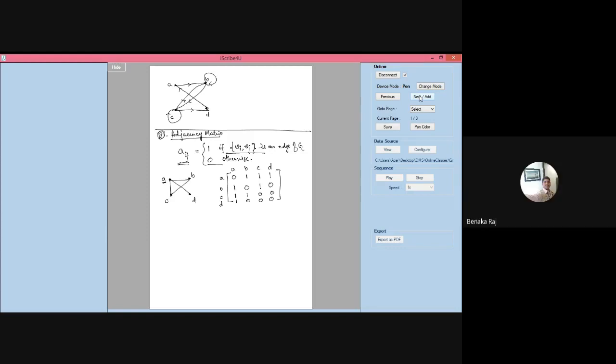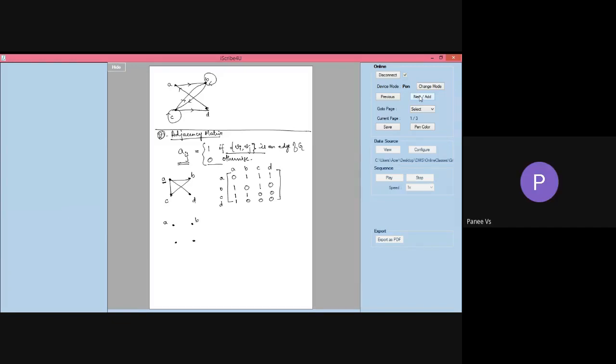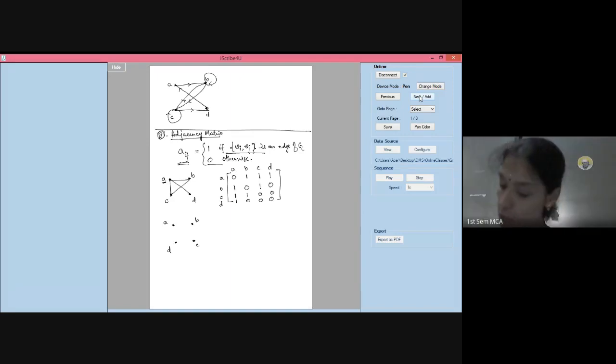Yes, ma'am. I'm hearing only one yes. Why? Is it difficult? Others are not able to follow, or what? You are not listening? Yes, ma'am. Draw the adjacency. Write the adjacency matrix for this graph, all of you. Take down this graph.